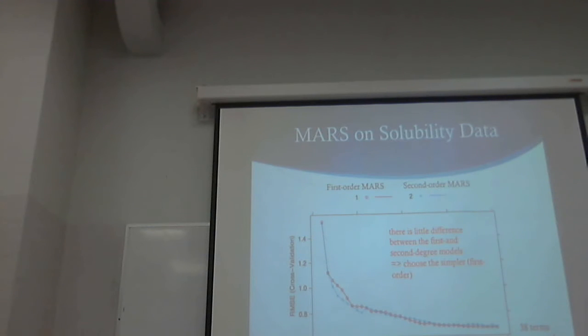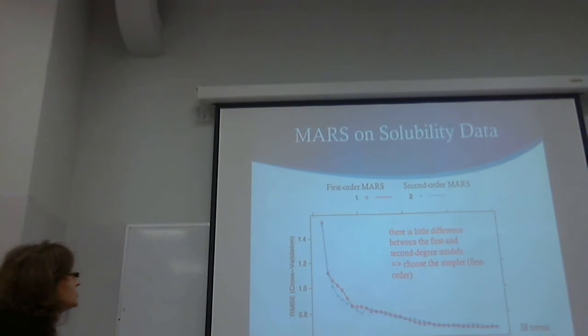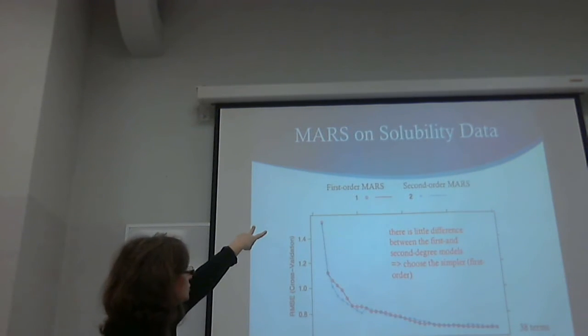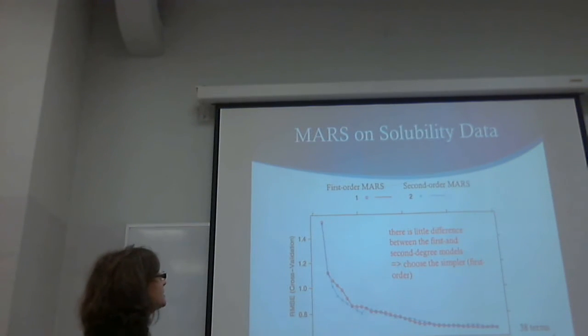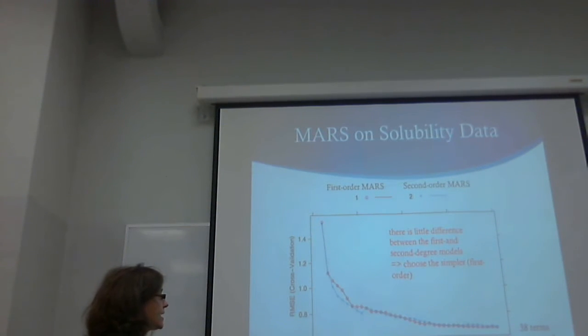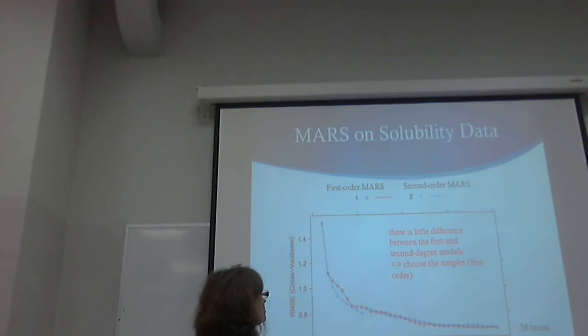Did you plot these graphs? This is a tuning model. When you look at how many terms, actually Mars can be of two types. It can be a first order model, it can be second order. First is a linear approximation, second order is a quadratic approximation. And this is the number of terms.